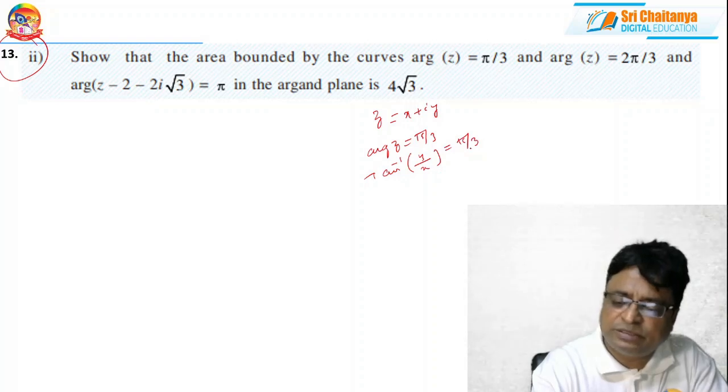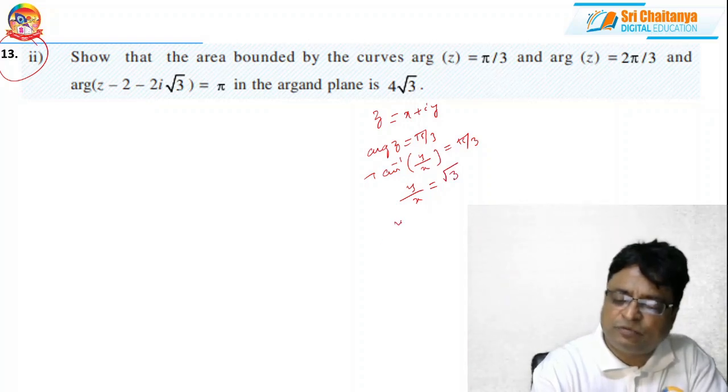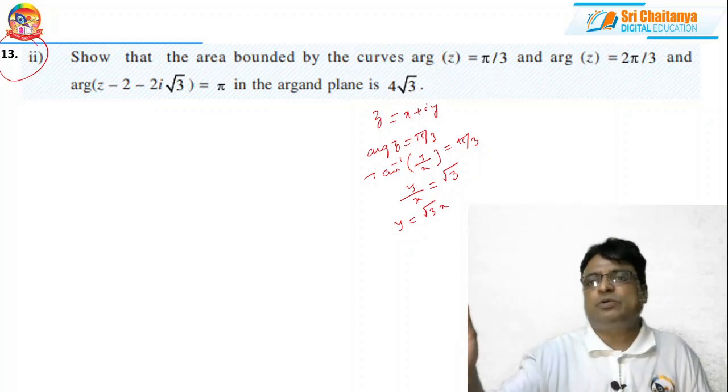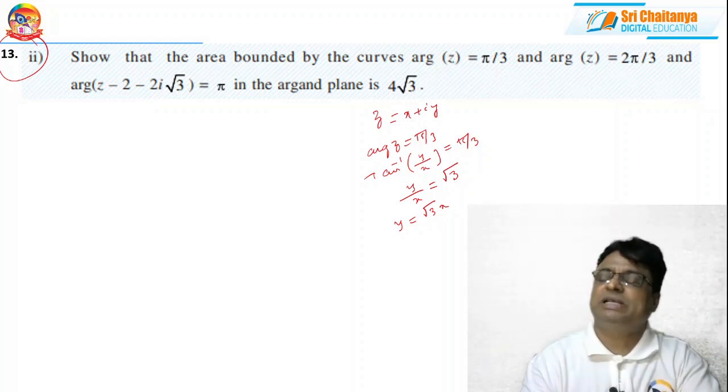That is y by x is equal to tan pi by 3, that is root 3. So y is equal to root 3 x. What does it mean? It is a line passing through the origin, but other than the origin, you have to imagine.